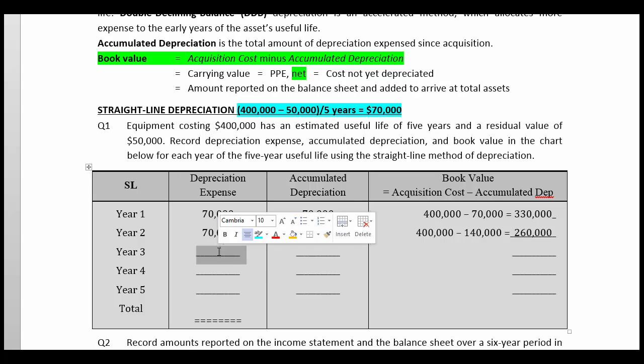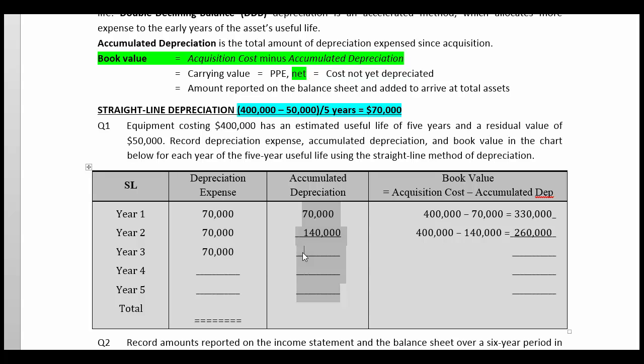Year 3, depreciation expense is, again, 70,000 because it's straight line. Accumulated depreciation is going to be 210,000. That's the total depreciation we recorded so far. 70 times 3 years is 210,000. And then the book value will be equal to 400,000 minus 210,000 equals 190,000.